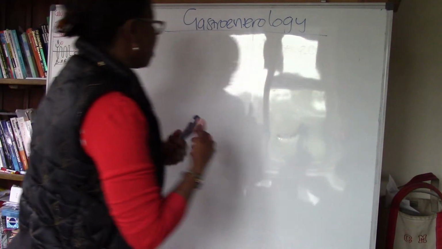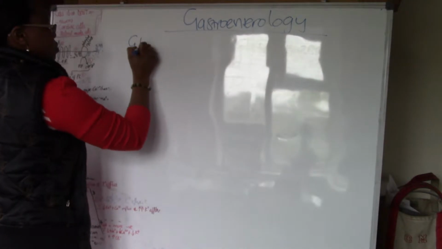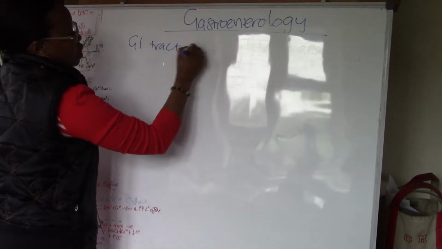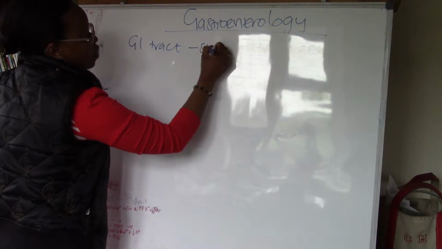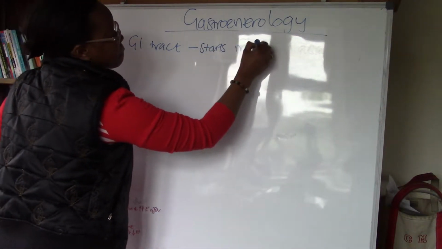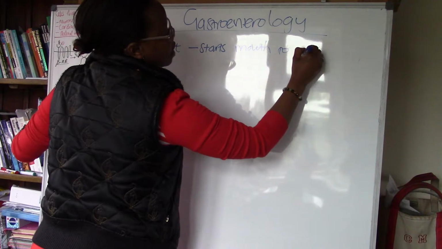So the GI tract starts at the mouth and goes to the anal canal.